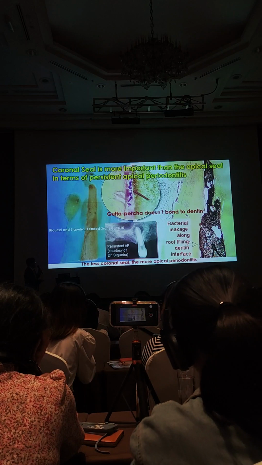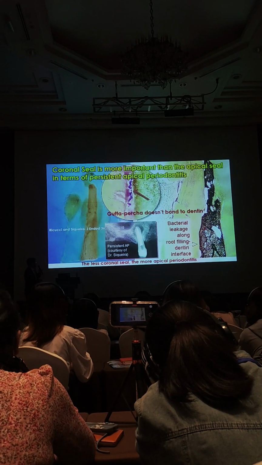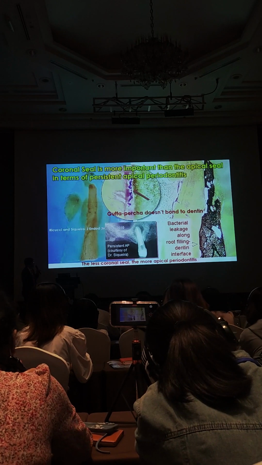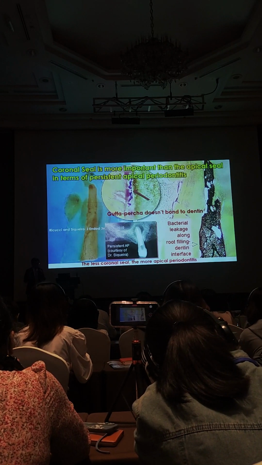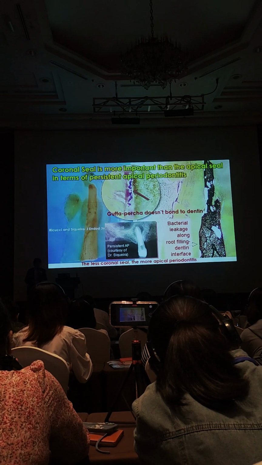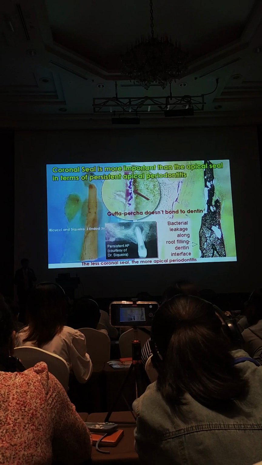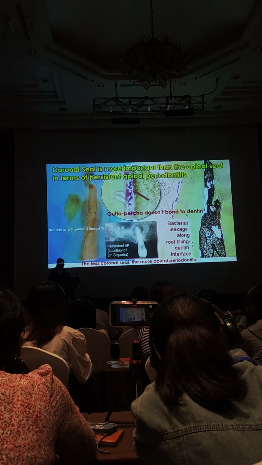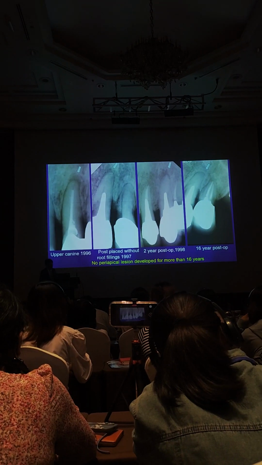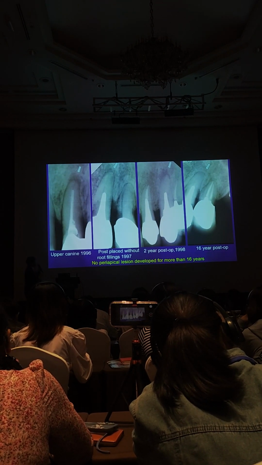That's why the outcome of the tooth with gutta-percha fillings depends on the coronal restorations. But if you have MTA as a root filling material inside, that will prevent the bacteria from going into the periapical tissues.